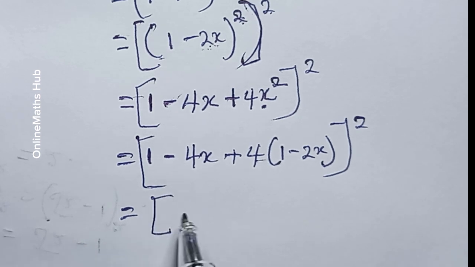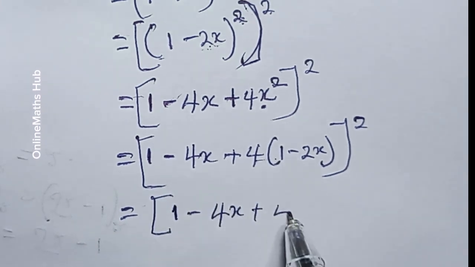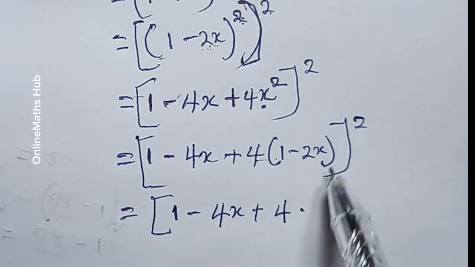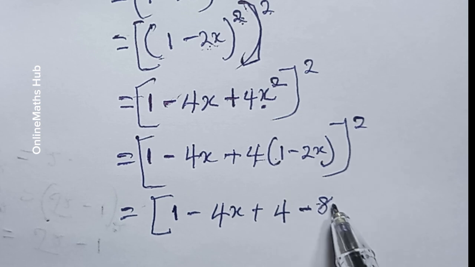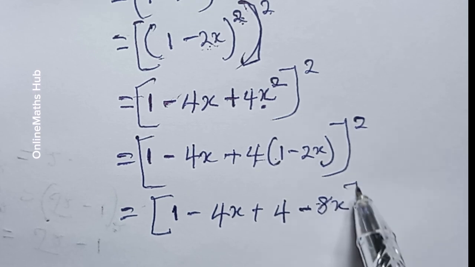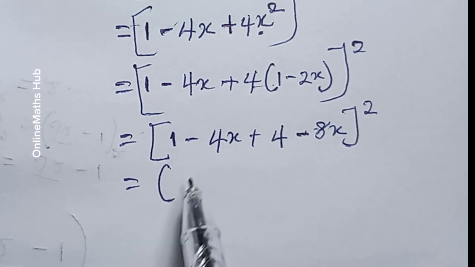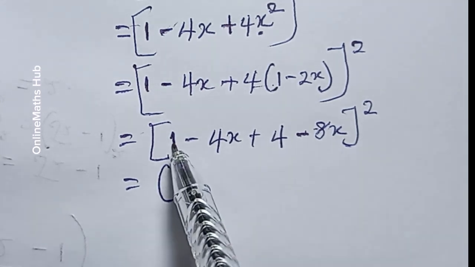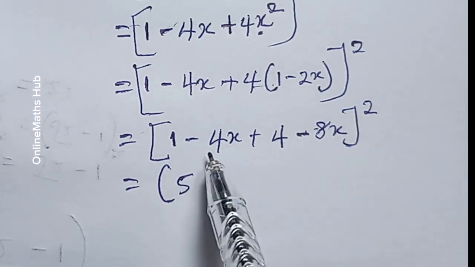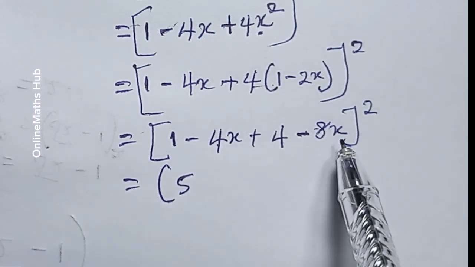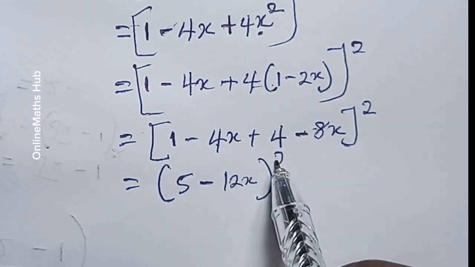So I'm going to be having 1 minus 4x plus 4 times 1, which is 4, and then of course 4 times minus 2x will give us minus 8x, and all raised to power 2. Moving on, simplifying the stuff inside the bracket, 1 plus 4 here is 5, and then of course minus 4x minus 8x will give us minus 12x, and all raised to power 2.